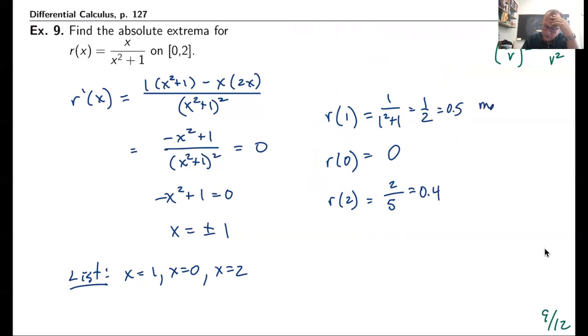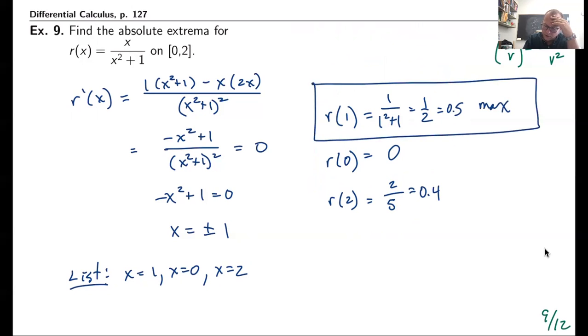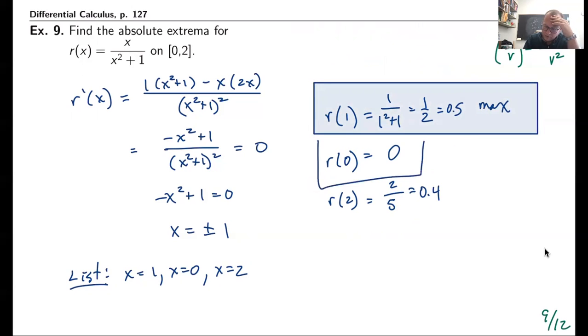So your maximum value is coming out of the critical point, and your minimum value, that is a badly drawn rectangle.